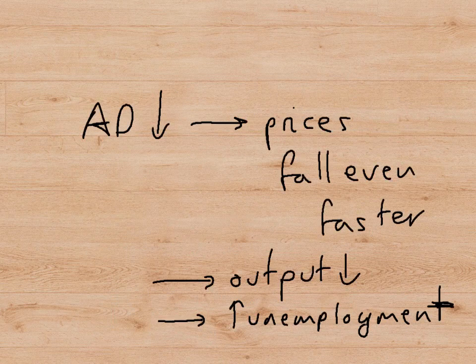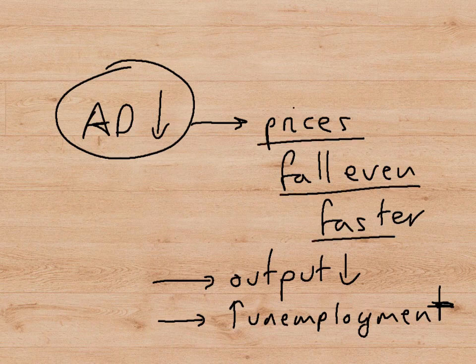This is very dangerous because this means that aggregate demand, the desire to consume, falls as households choose to wait. And with falling aggregate demand, prices fall even faster, and output starts to fall. And as output starts to fall, unemployment starts to increase.